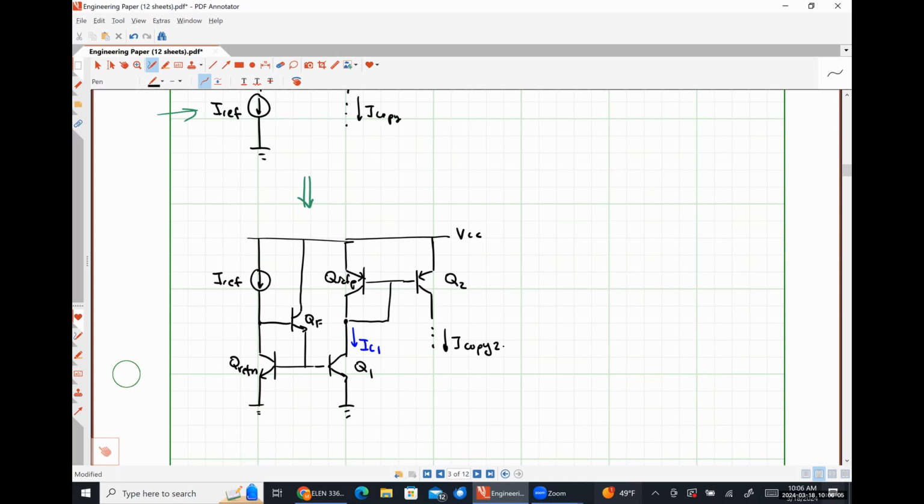And this is I copy 2, except that we might want to put an emitter follower there as well to eliminate the error on that side of the device, right?